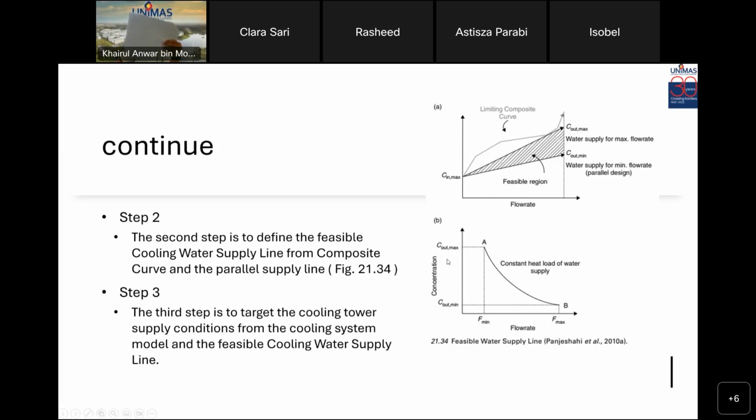For the concentration, yeah, concentration. Not sure why concentration. It should be temperature. Wait, wait. Should be temperature. Okay.